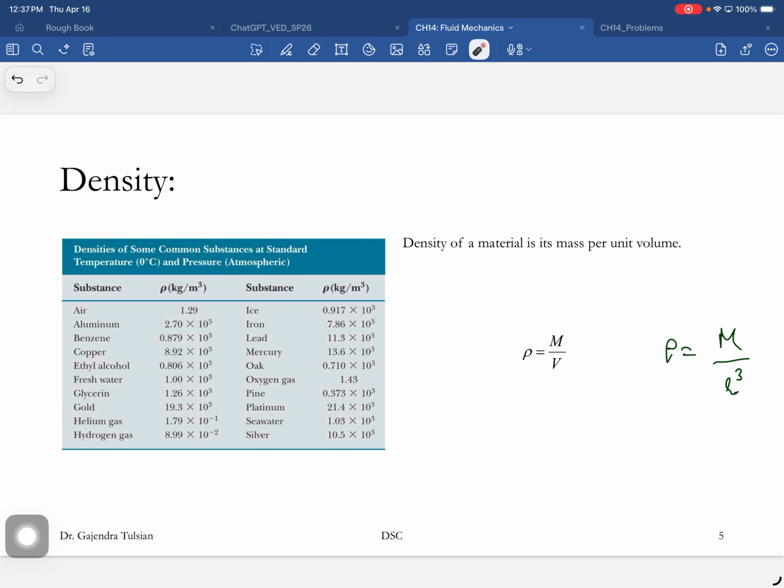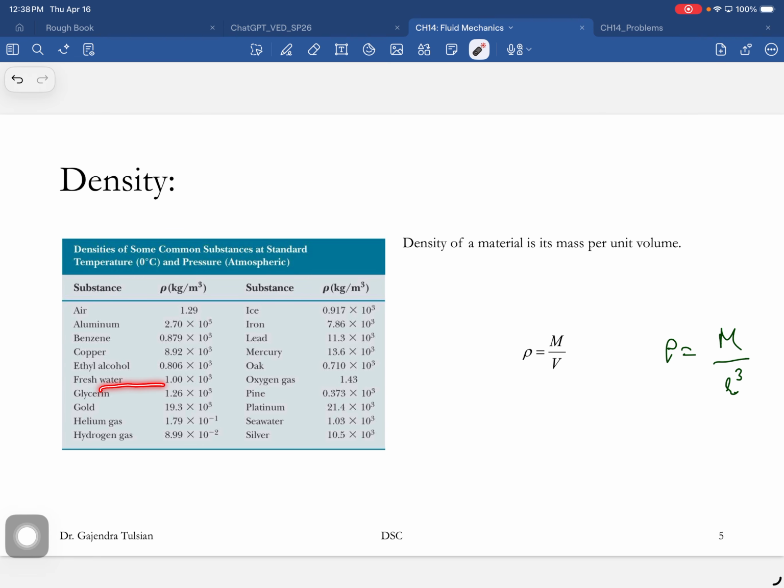So let's look at densities of some stuff. So density of a gas, for air, is about 1.3 kg per meter cube. Okay. So 1 meter cube is roughly this size. This much air has a mass of 1.29 kgs. That's about 2.5 pounds. Okay, so that much air weighs 2.5 pounds, 3 pounds.